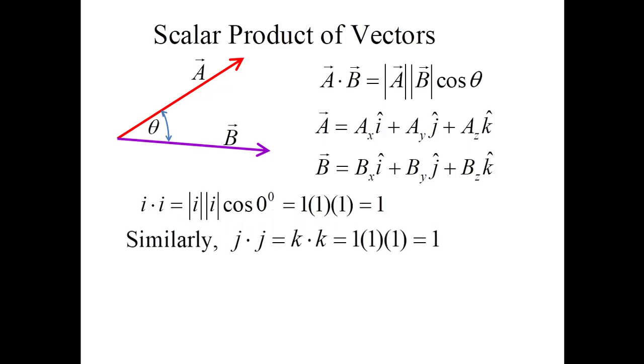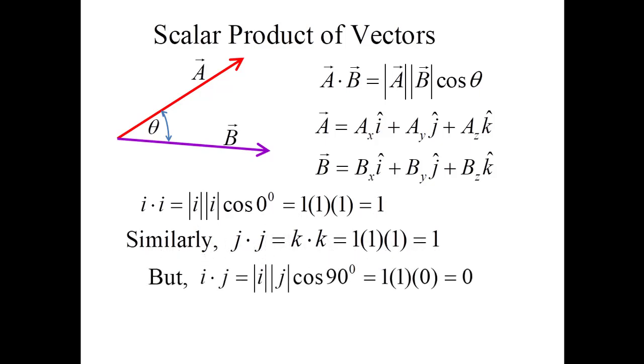Similarly, J dot J or K dot K is equal to 1. But I dot J is equal to magnitude of I times magnitude of J times the cosine of the angle between the I direction, the positive x direction, and the J direction, the positive y direction, which is 90 degrees, and the cosine of 90 is 0. For that very reason, I dot K and J dot K are always equal to 0.